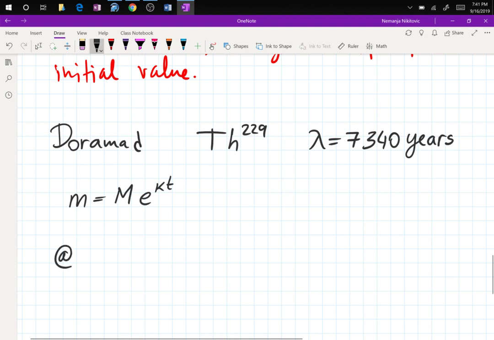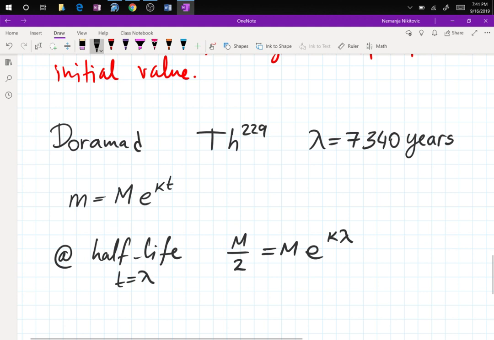So at half-life, I have the mass cut in half, e to the k lambda, because my time at half-life, t equals lambda. Now you see that these initial masses drop. Maybe some people put 1 milligram, some people put 1.5 milligrams, whatever.